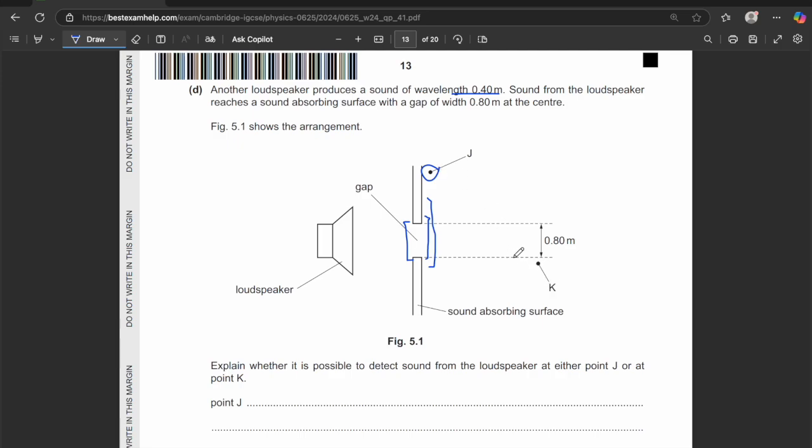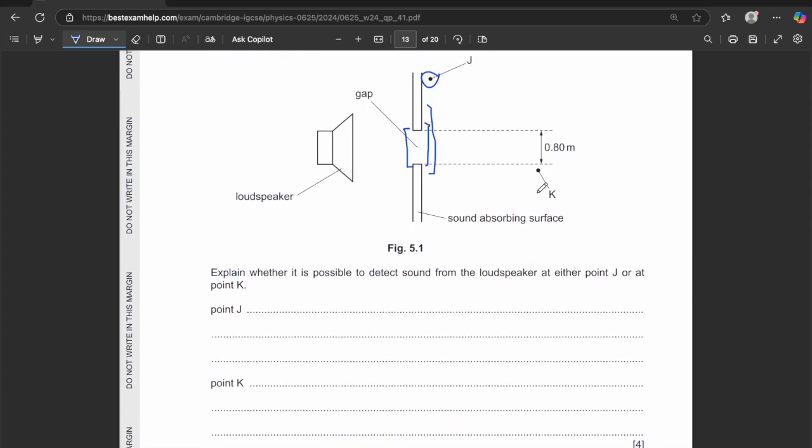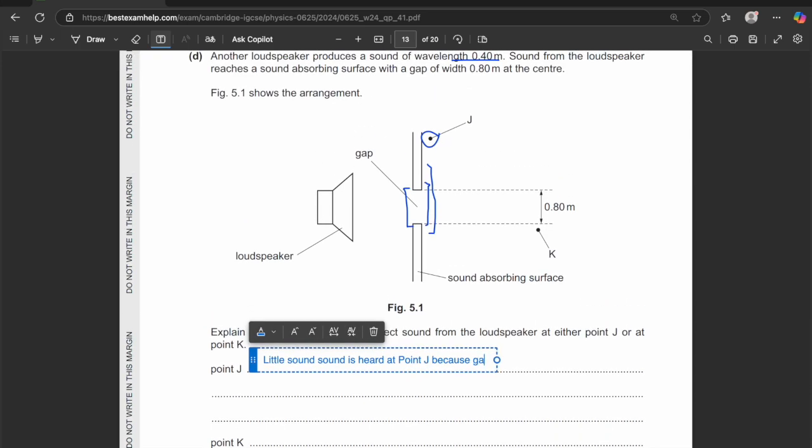But for K, it is closer, so it can be heard somewhat at K. So we can explain that for point J, there will be little sound heard at point J because the gap size is much larger than the wavelength.